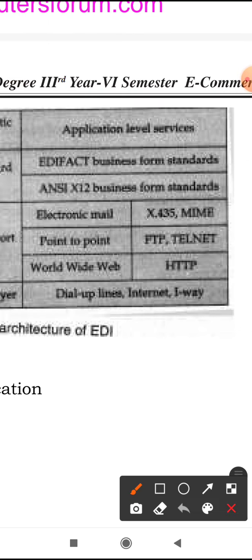So the EDI semantic layer works on application level services. Then second one is EDI standard layer. The EDI standard layer maintains the EDIFACT business form standards or ANSI X12 business form standards.